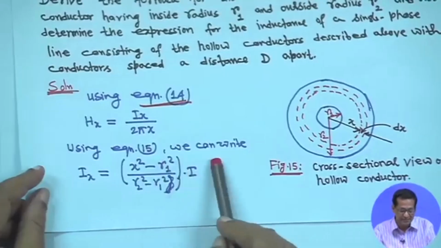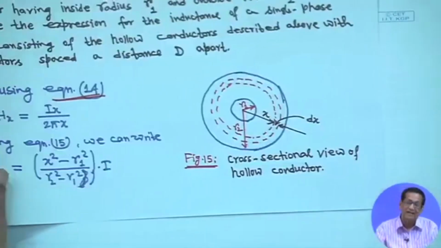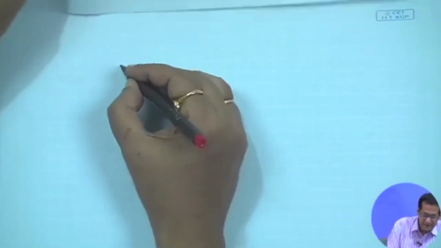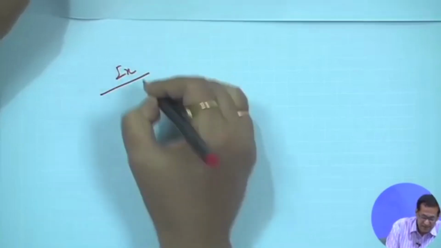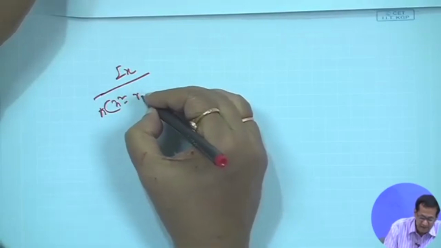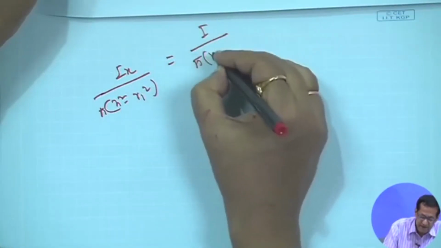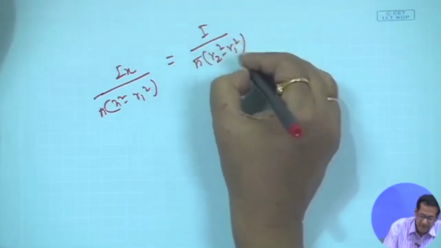Now, using equation 15, we are assuming the current density is the same, that means at a distance x, Ix divided by pi x square minus R1 square is equal to I divided by pi R2 square minus R1 square.